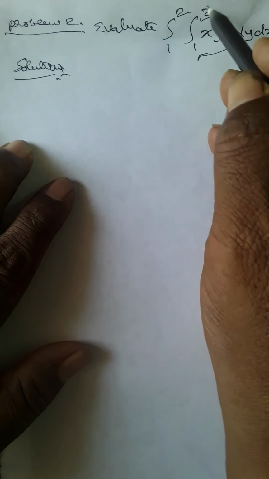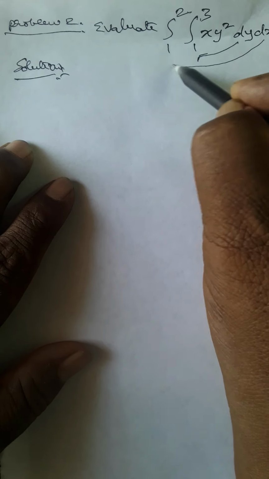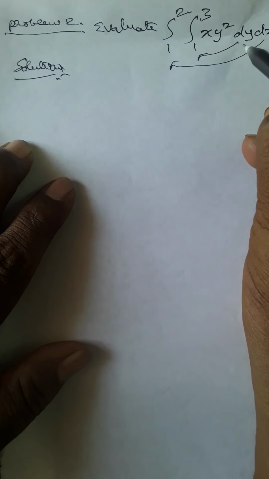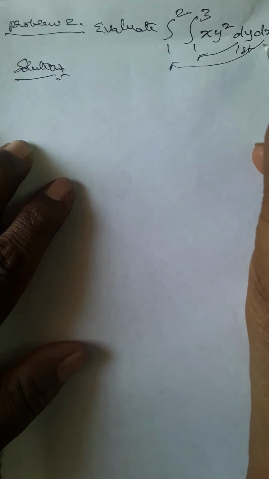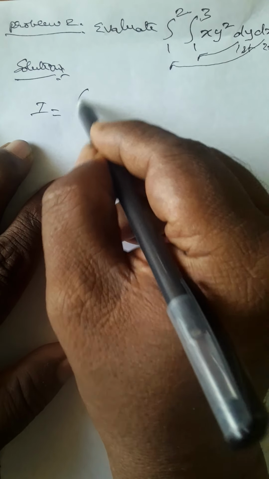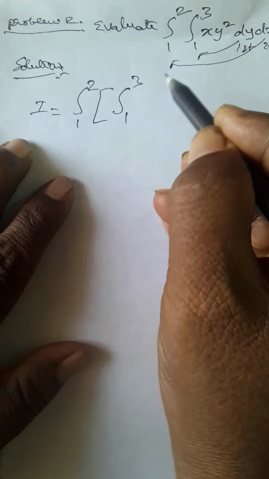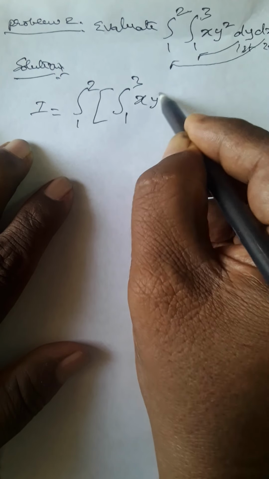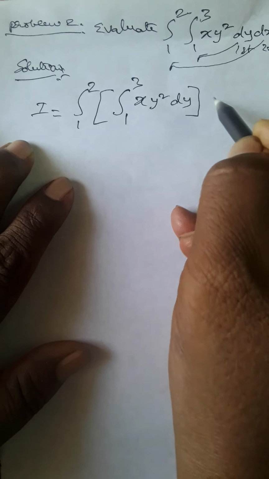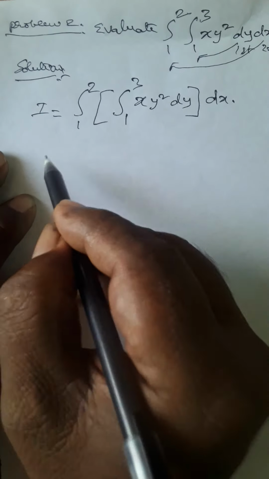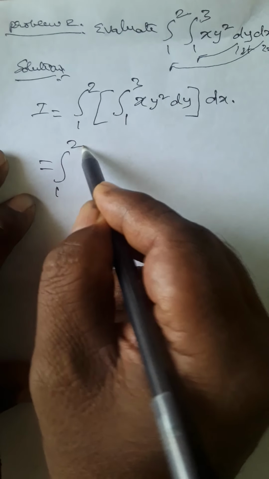So y limits are 1 to 3, x limits are 1 to 2. We have to integrate first with respect to y, second with respect to x. So I is equal to integral 1 to 2, integral 1 to 3, x y square dy dx.